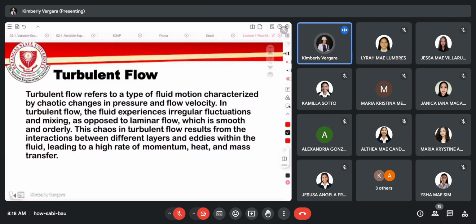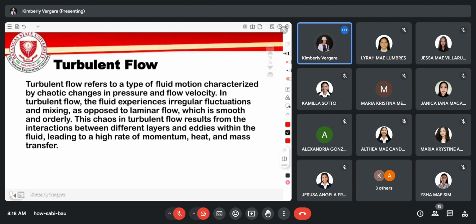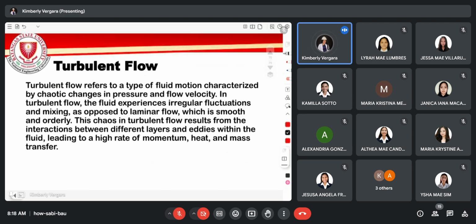Next, we have the turbulent flow. The turbulent flow refers to a type of fluid motion characterized by chaotic changes in pressure and flow velocity.